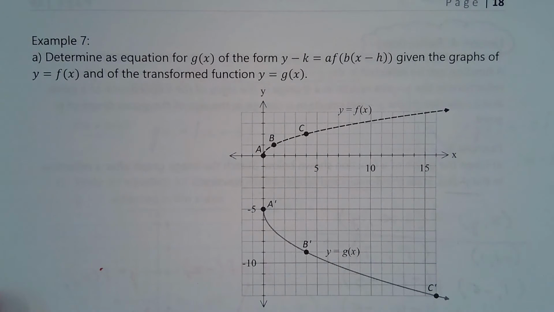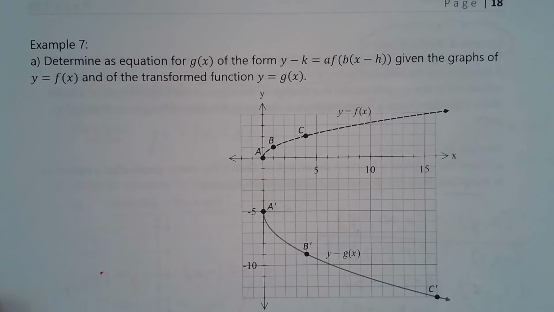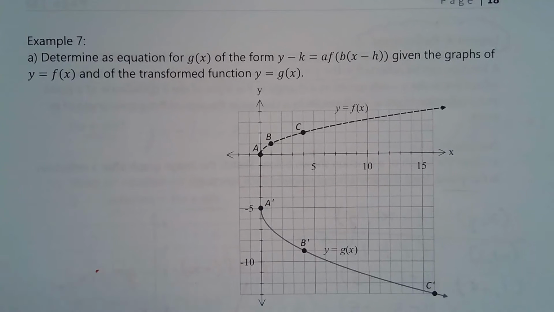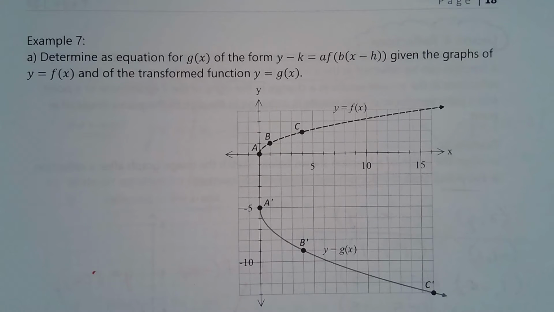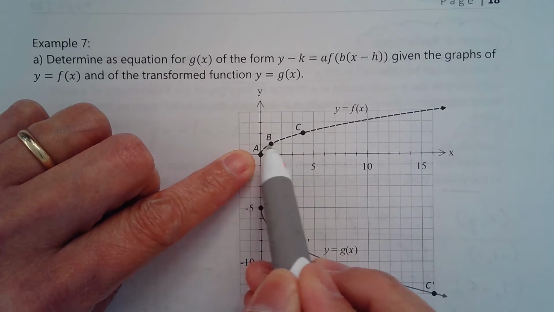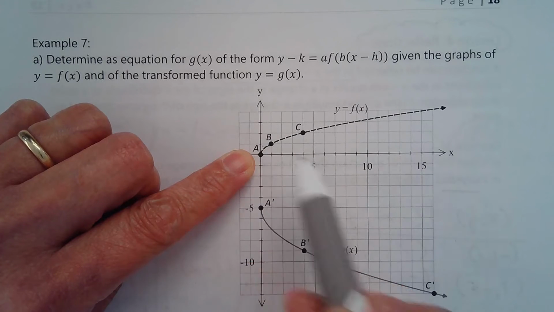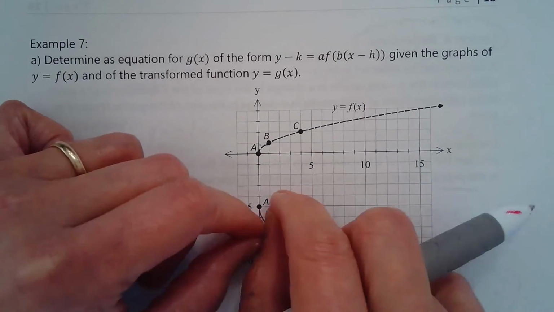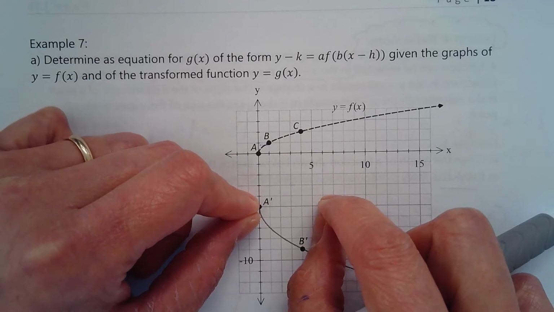Okay, good. What else do you notice? Horizontal stretching? How do you know there's horizontal stretching? Because when you look at this, A and B is 1 unit apart, and now A and B is this far apart. So there's horizontal stretching right there.